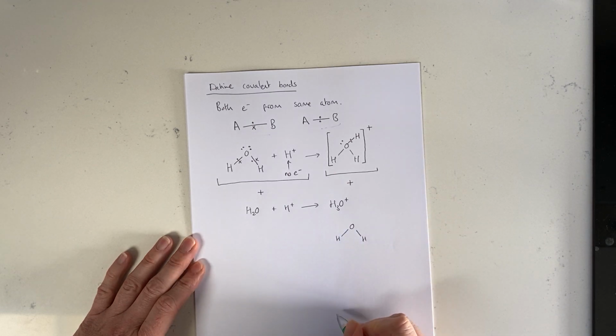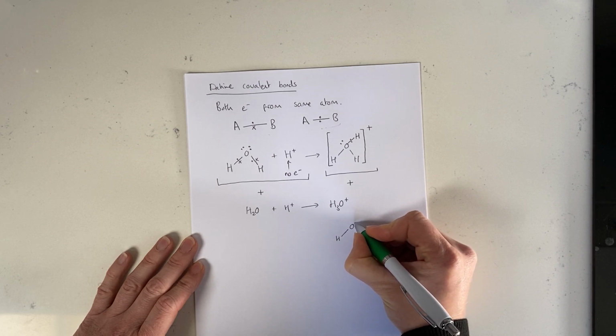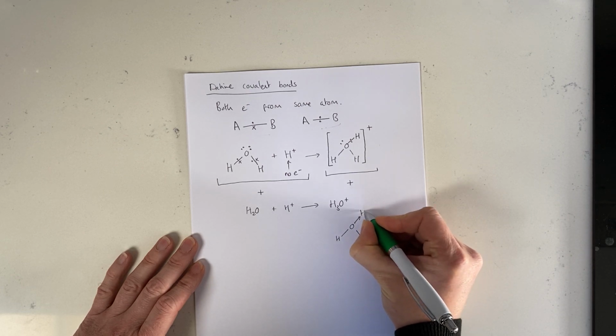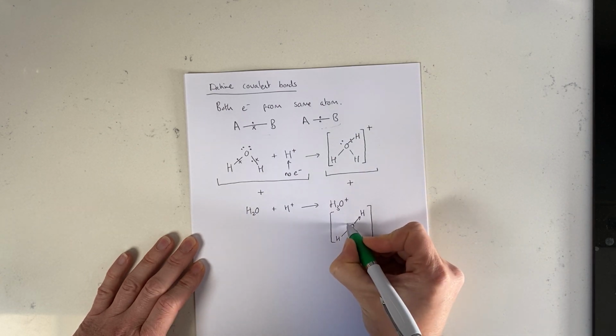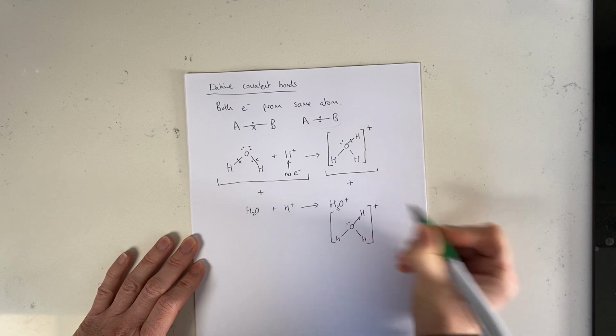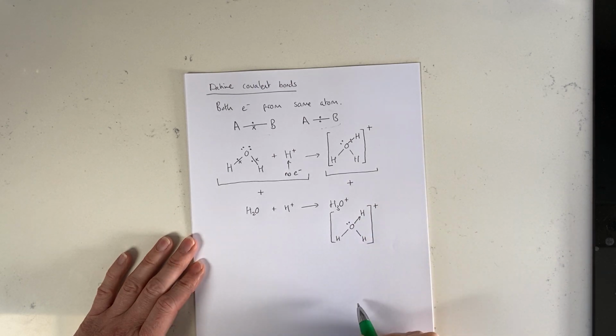So the line is your normal dot and a cross, but this pair of electrons from the oxygen was pushed towards the H+, so we sometimes draw an arrow to show a dative bond. The arrow starts from where the electrons are and points towards where they're going.